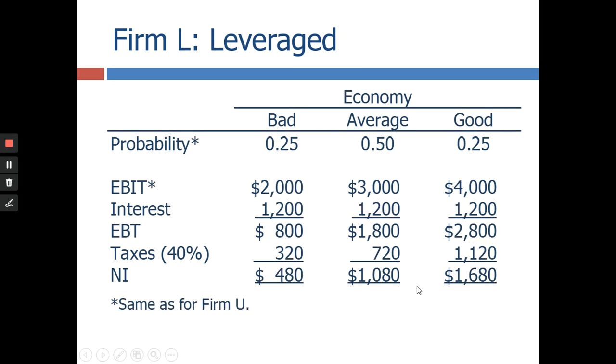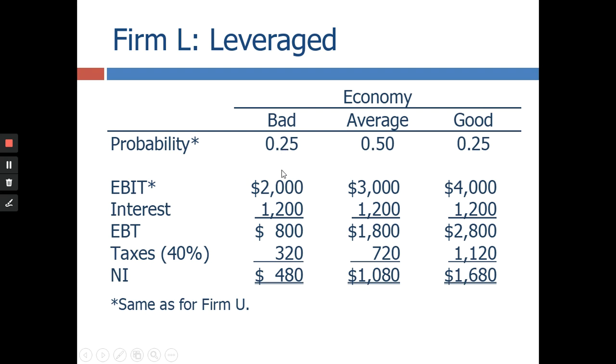But if the same company, with the same amount of asset, is funded by debt and equity, let's look at the difference in the financial statement. The 2,000, 3,000, 4,000 is the same, with the different probabilities in the economy. For 2,000, how much interest do you pay? So class, remember, your debt is 10,000 and the rate is 12%. 12% of 10,000, your interest is 1,200.